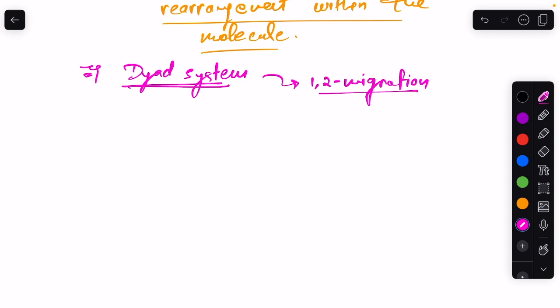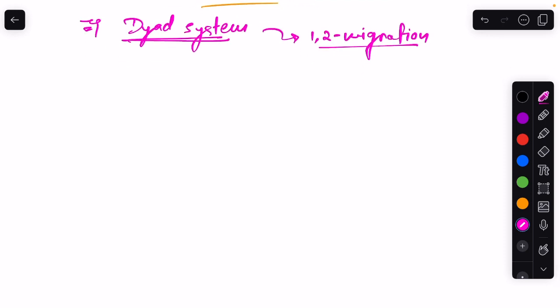Those atoms may not be carbon but might be another atom. Let's say it could be a nitrogen, as in the example. That is, let's say we have a hydrogen cyanide. It can be converted into hydrogen isocyanide, as this hydrogen will shift from first carbon atom to second atom, that is nitrogen. So this is diad system in which 1,2 migration is taking place.